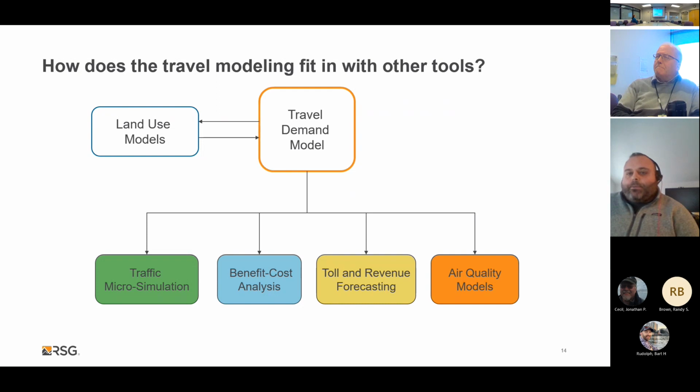So that'd be the interstate system, it would be ports and things like that. And so you can actually create interconnected land use and travel demand models where they feed off of each other. The land use model runs, that directly inputs into the travel demand model's land use inputs, and then the travel demand model runs and generates new accessibilities, which are fed back into the land use model. So you can create an interactive land use travel demand model that takes those into account.